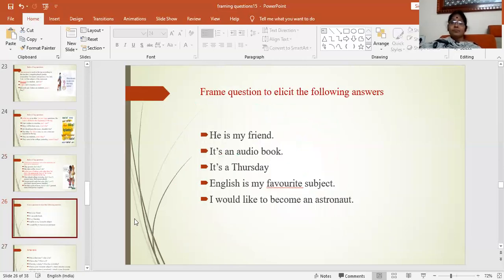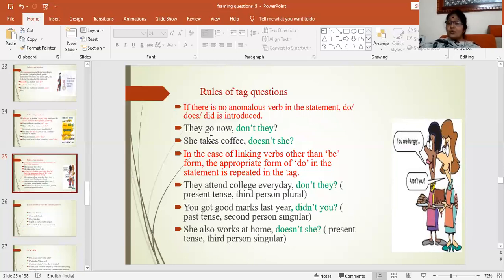If there is no verb in the sentence, then we use verbs like do, does, did, right? Depending on the subject. And we know that do and does are used in the present tense and did is used in the past tense, right? Now, we also know that in the case of linking verbs other than be form, the appropriate form of do in the statement is repeated in the tag, right?